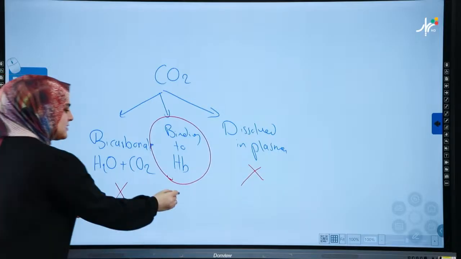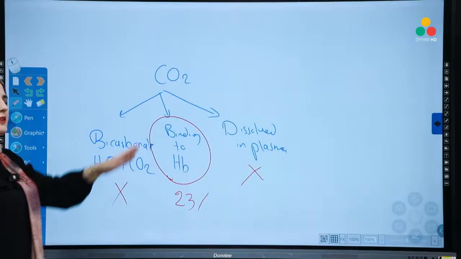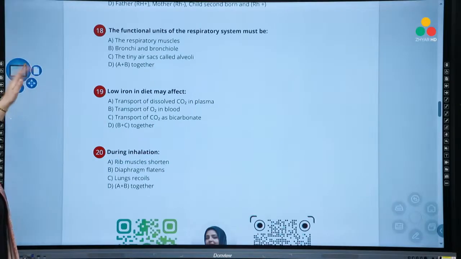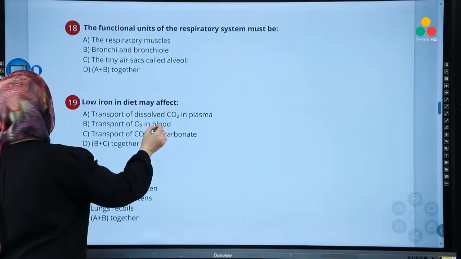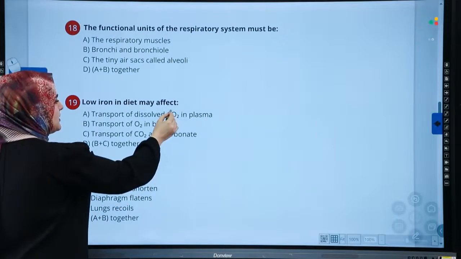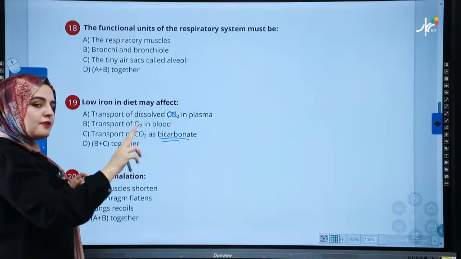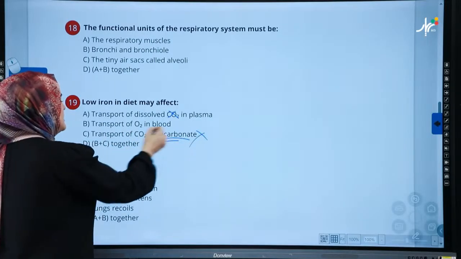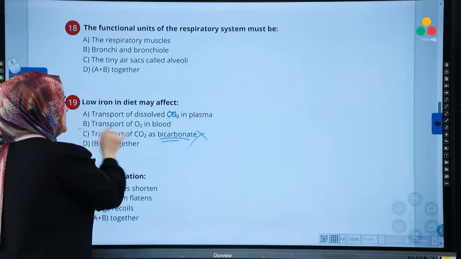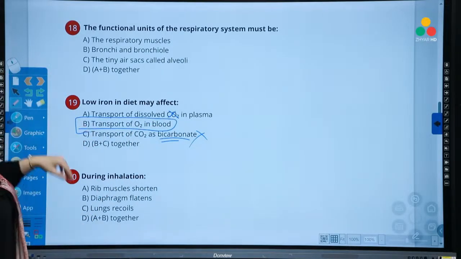Even if it mentions it, only 23% of the CO2 combines with the HB. Not much of a difference. But dissolved is in plasma, even though plasma isn't mentioned here, and bicarbonate is a combination of CO2 and H2O in the blood, so it's out. And there's no B and C, that's transporting O2, that's it.